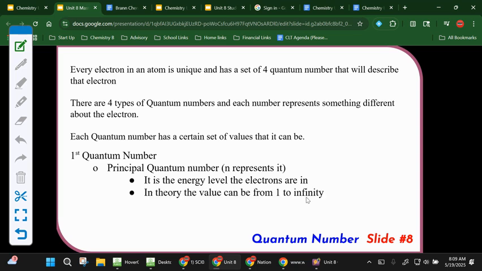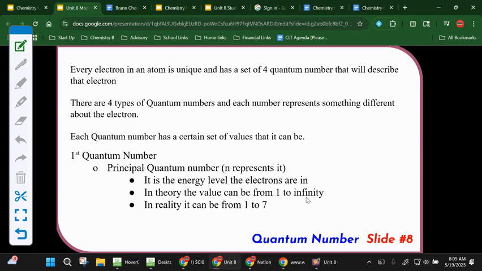By the way, in theory, it can be from 1 to infinity. Energy levels, if you add energy to an electron, it can jump to a higher level. Further and further away from the nucleus. Electrons can move. So in theory, the answer could be from 1 to infinity. In reality, ladies and gentlemen, it is from 1 to 7.